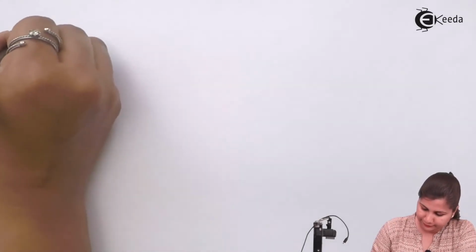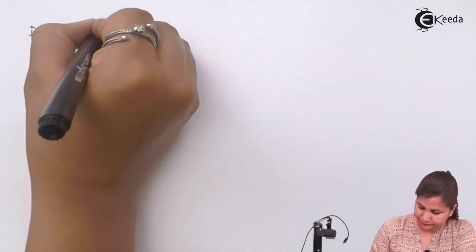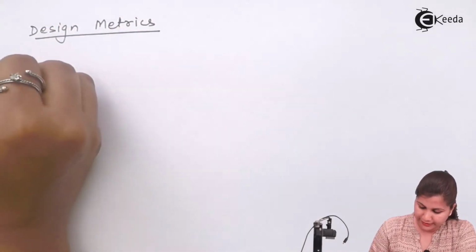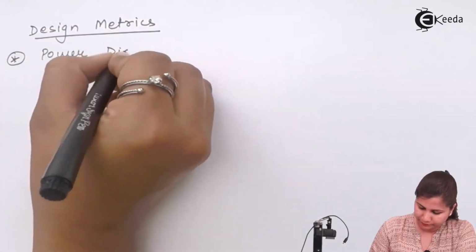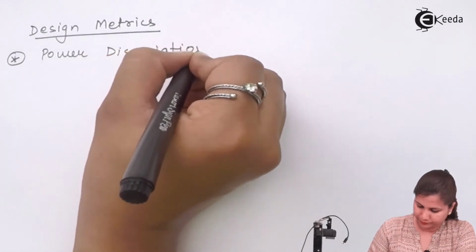Now, as I've said, the digital camera is an embedded system, so just like any embedded system, it has design metrics, some design standards, that is, when the camera is manufactured, which parameters are to be kept in mind. So for the digital camera, the design metrics are like this.